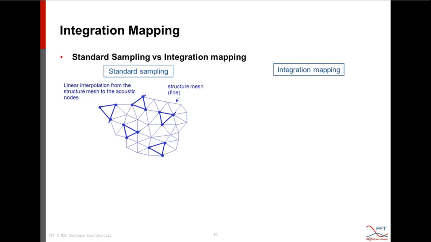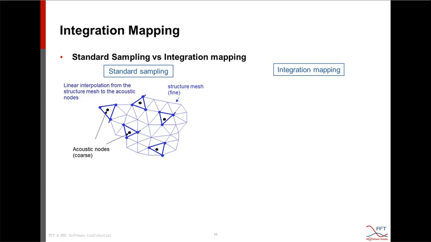So with the standard sampling method, we first have the structure mesh, which is a relatively fine, refined mesh. And in acoustic analysis, in vibro-acoustic analysis, usually the acoustic mesh is coarser than the structure mesh because we have different criteria for matching the acoustic domain and the structure domain.